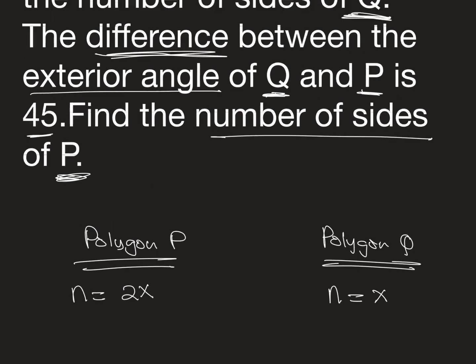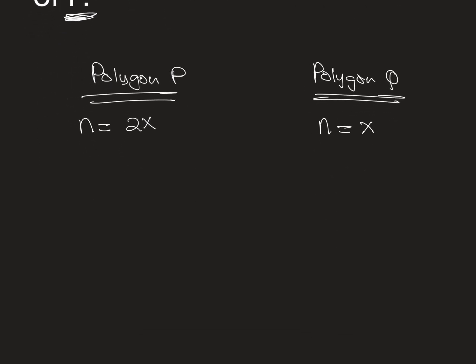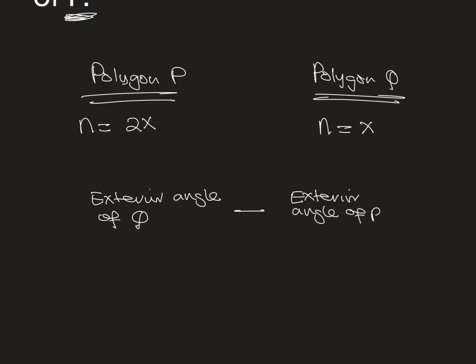That's simple. Then the question says the difference between the exterior angle of Q and P is 45. So it has given us that the difference between the exterior angle of Q and P is 45. Which means exterior angle of Q minus exterior angle of P is equal to 45.